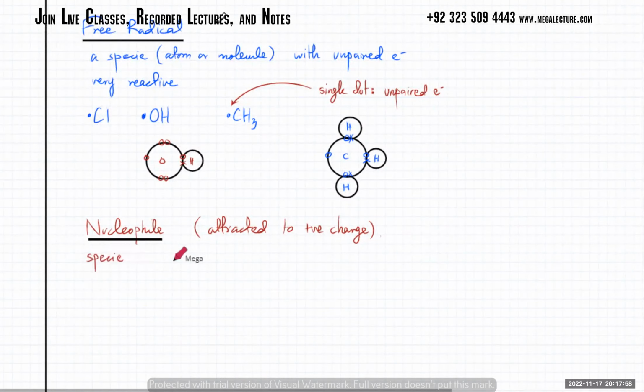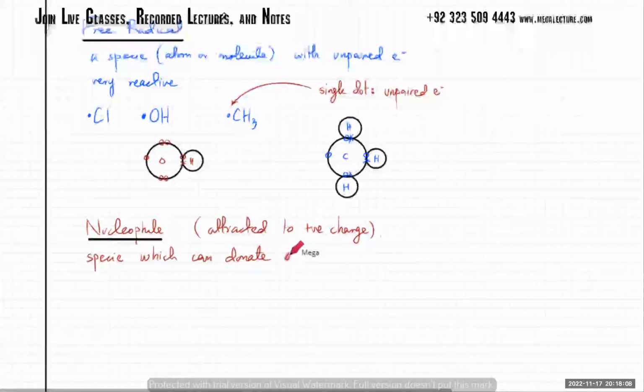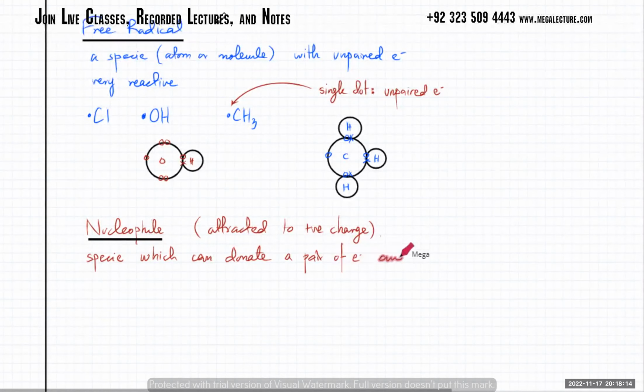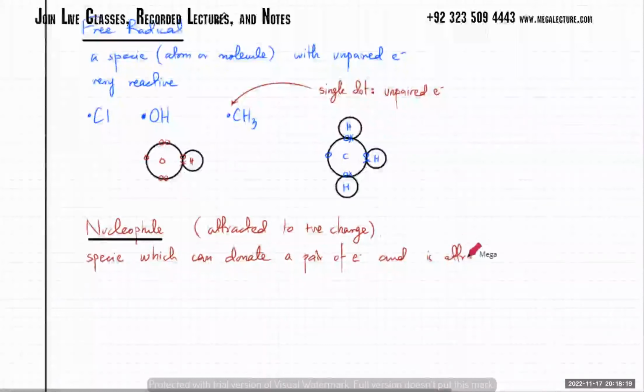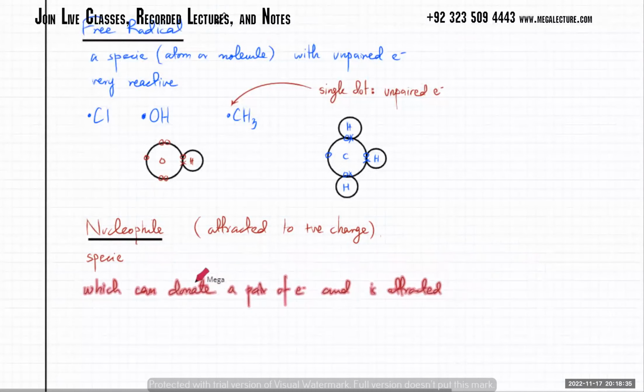It's not just attracted to it, it's a species which can donate a pair of electrons and is attracted to positive charge. बल्कि ज्यादा बेहतर है species which has lone pairs. इसको तो सही, it's a नीचे कर लेते हैं.